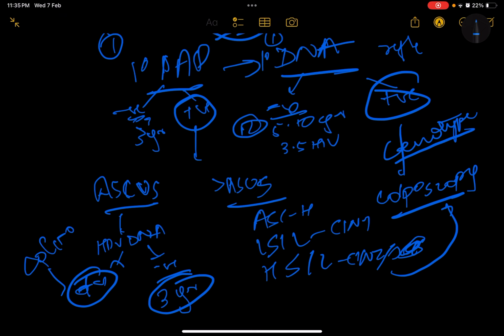You cannot visualize the endocervix, which is why it's not diagnostic. Basically, it's used if you have an ASCUS that is positive on DNA, or an ASC-H, anything greater than ASCUS. So we check that.